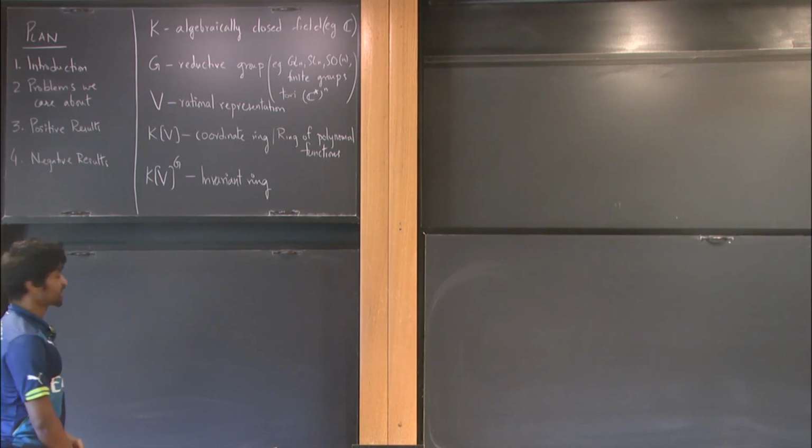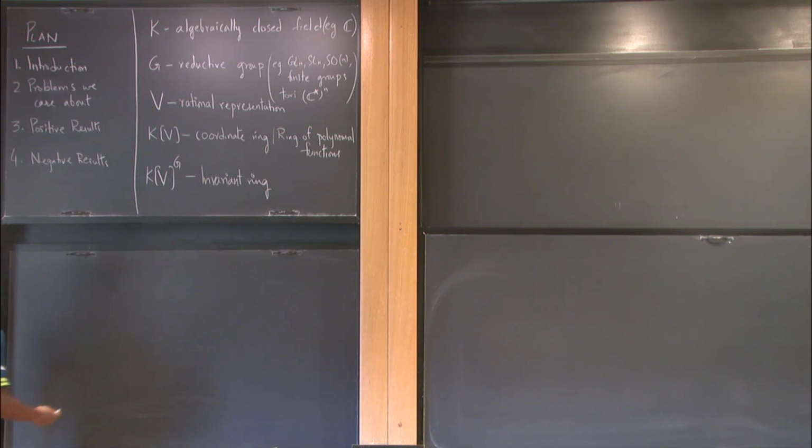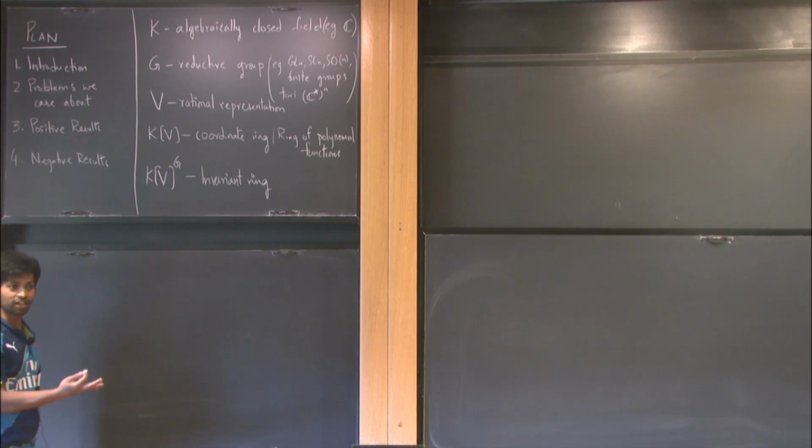V will denote for me a rational representation. So there are two things in there: one is the word representation and one is the word rational. A representation is a group action which is linear.